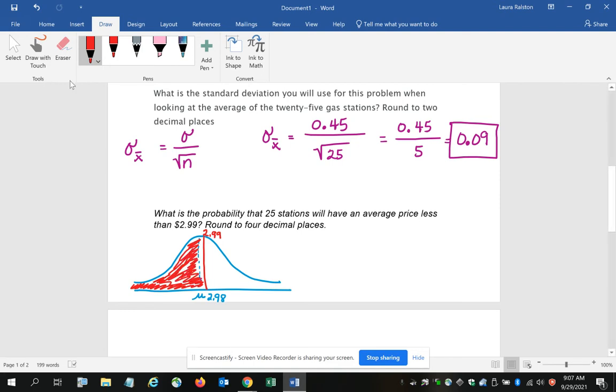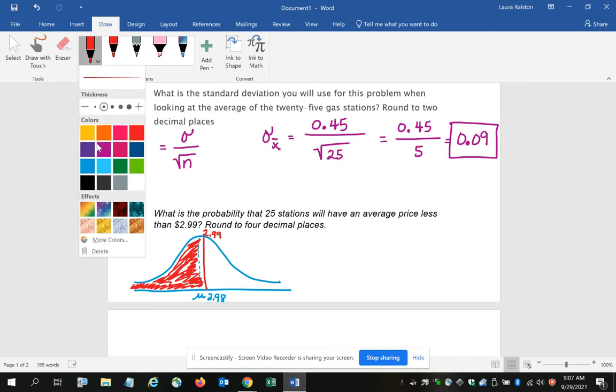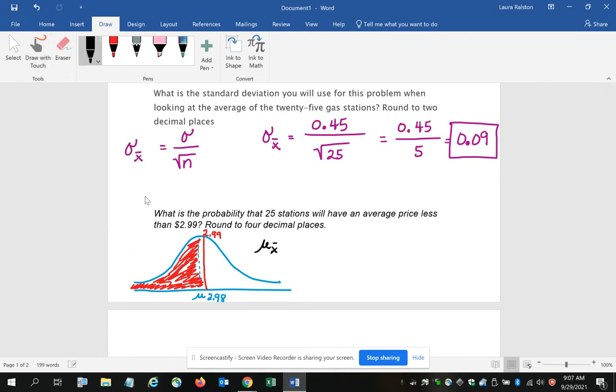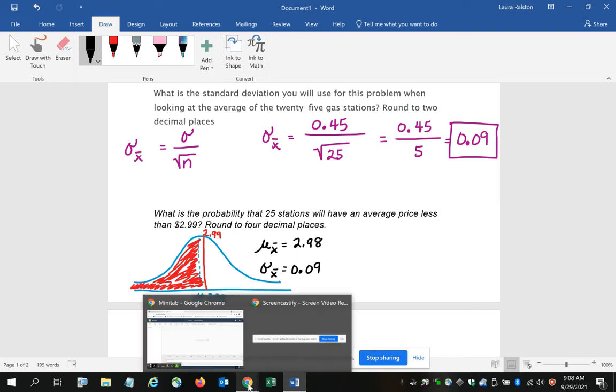But now remember that when you go to use Minitab here, you're going to use the fact that the mean of the sampling distribution is $2.98 and that the standard deviation is the 9 cents. You have to use the adjusted standard deviation. We still use a normal distribution.